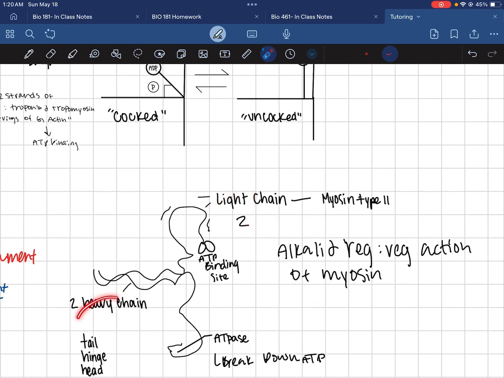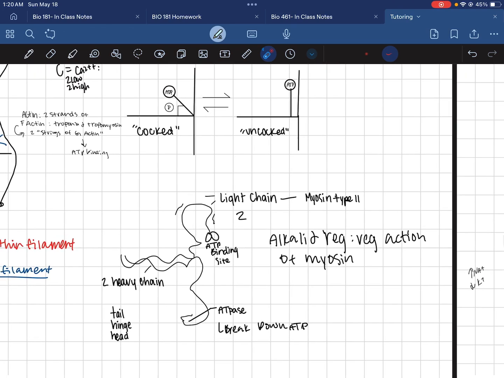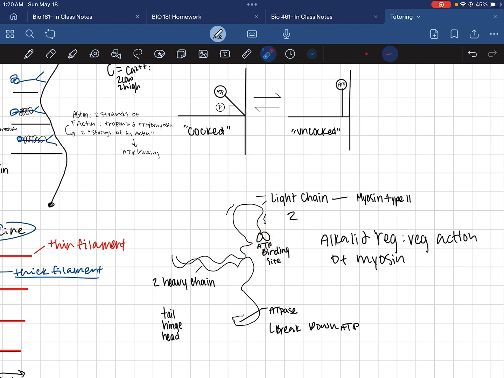So 2 light chains, 2 heavy chains, and then ATPase, which is going to be involved in the cross bridge formation, because ATPase is basically hydrolyzing ATP, going from ATP to ADP and an inorganic phosphate. Yeah, so we have our little myosin head right here. And that's that. So that is us going over the molecular characteristics of contractile filaments found within the functional unit of the skeletal muscle cell, the sarcomere.